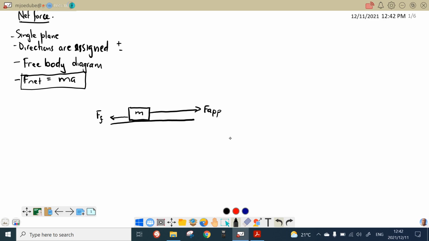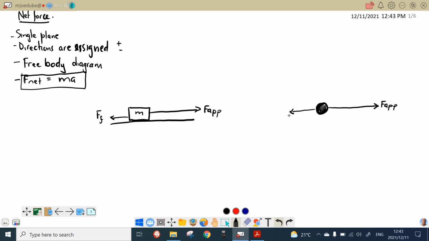Before you start to do your calculation, the first thing that you should be able to do is to draw the free body diagram of all the forces that are acting on that object, in any given direction. So you would represent the object by means of a dot, and then you would use a ruler to draw all the forces that are present. So that would be your F app, and you label it. And then in the opposite direction, you have that frictional force.